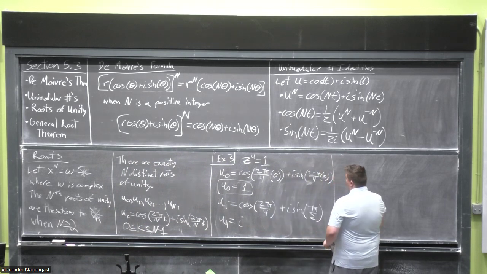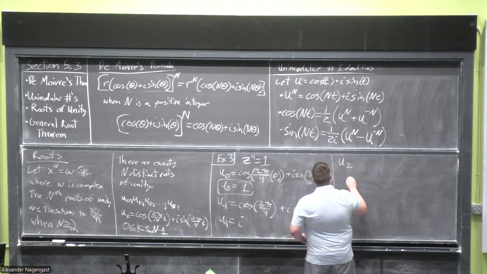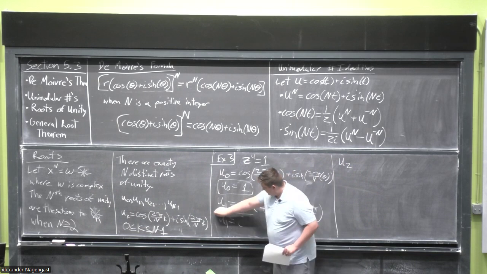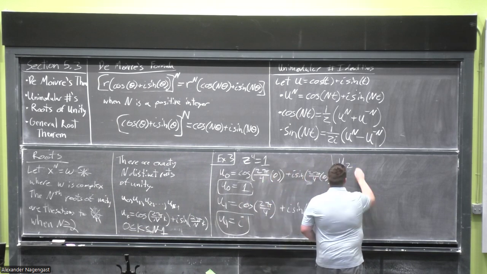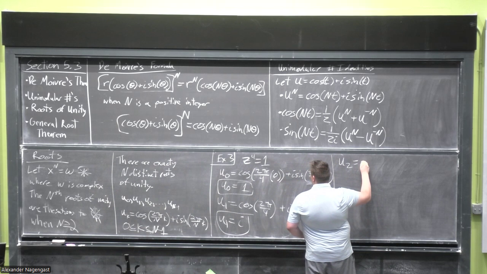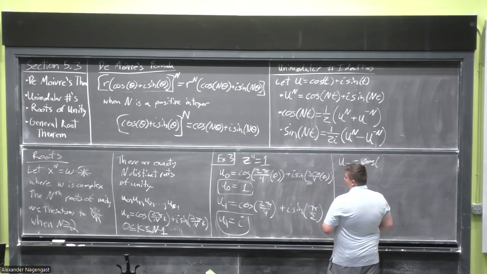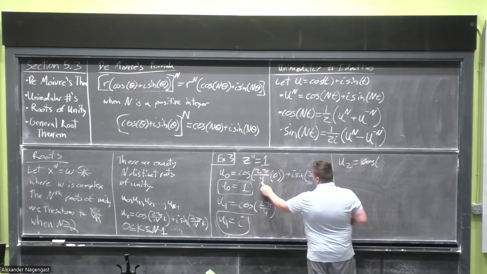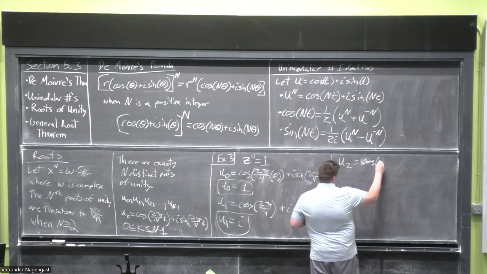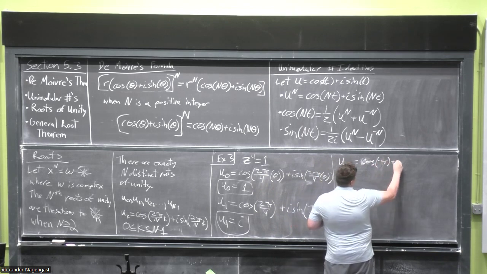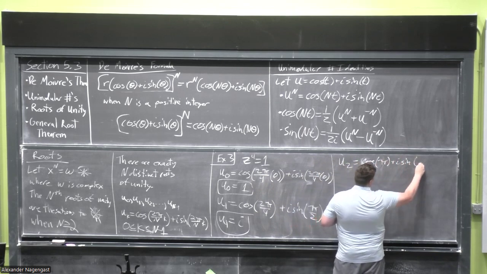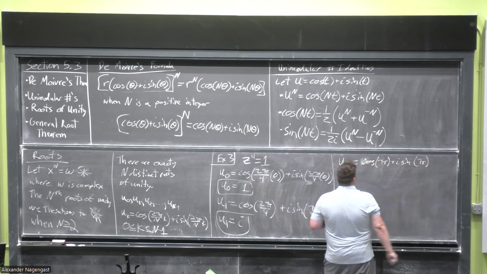So now we can look for u2, and we now have cosine of 2 pi over 4 times 2, so that's just pi, plus I sine of, again, just pi.